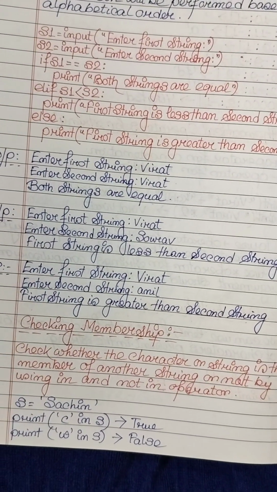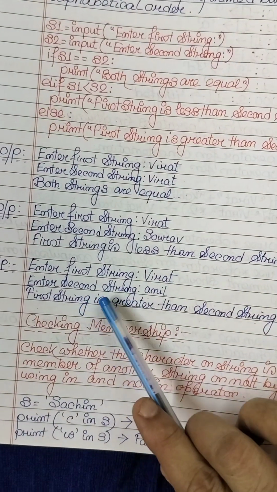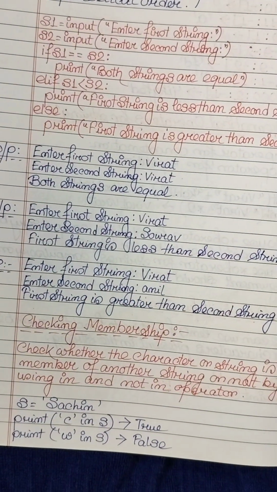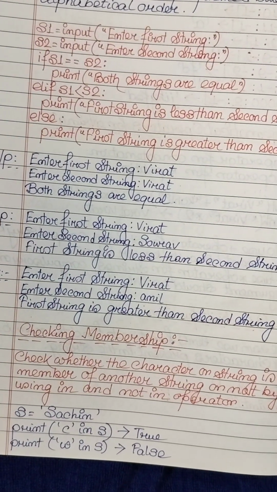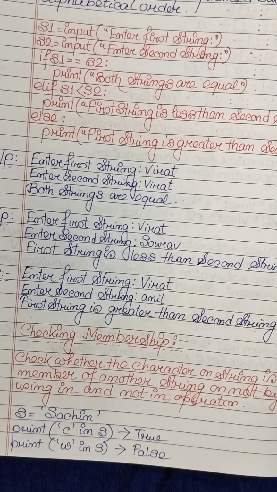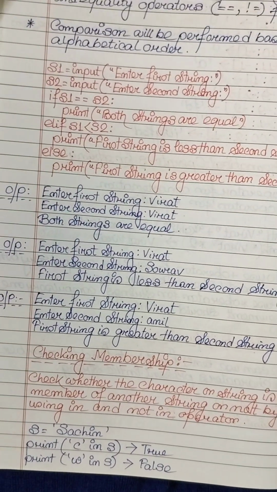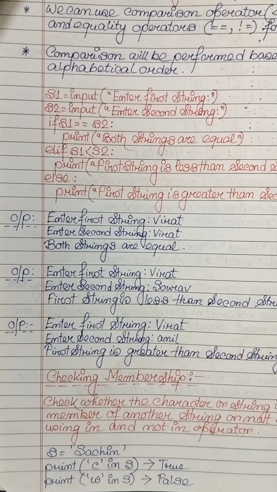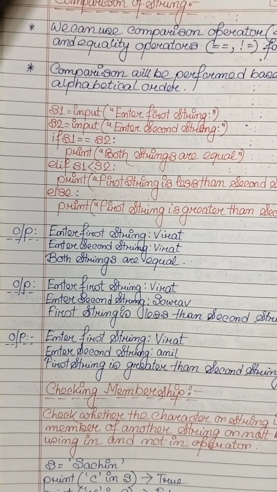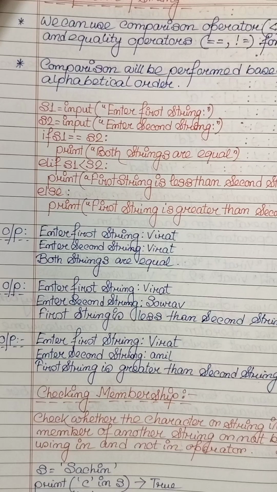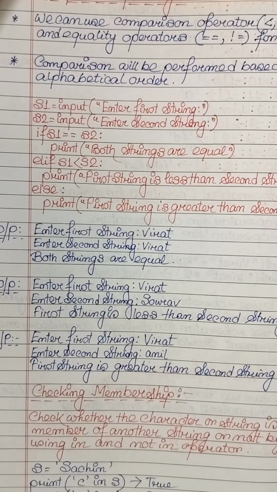Enter first string virat, enter second string Anil, first string is greater than second string. So there are three outputs.